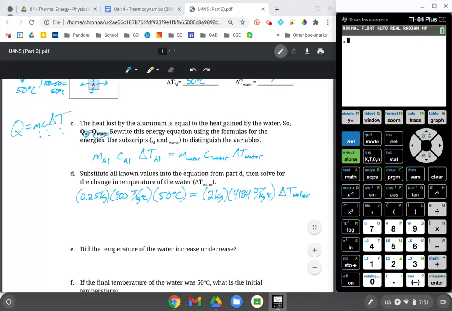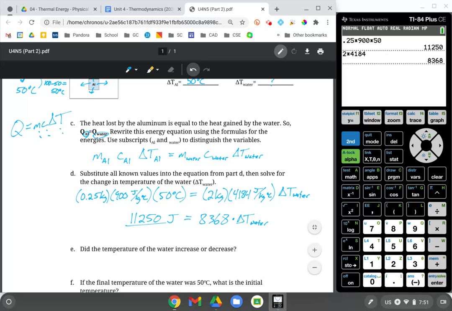So on my calculator, I'll do 0.25 times 900 times 50, and that gets us 11,250 joules is equal to 2 times 4,184. So that's 8,368 times the change in temperature of the water.